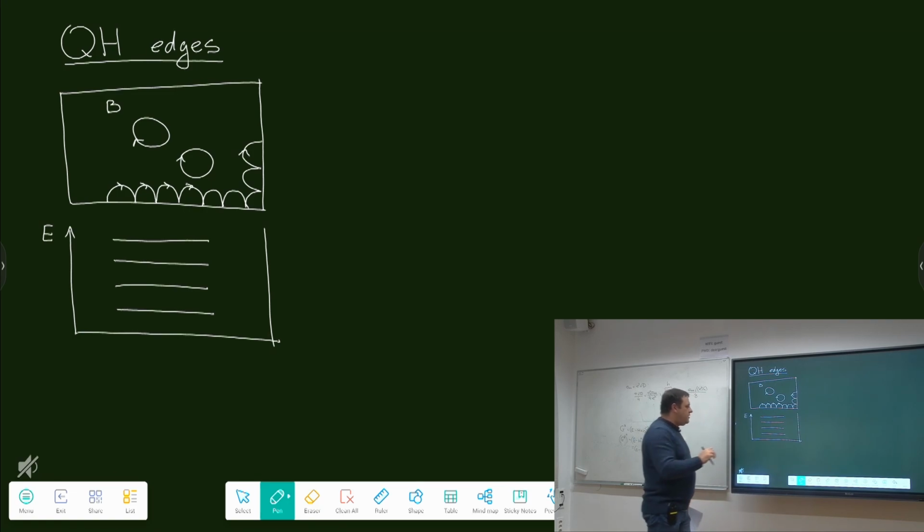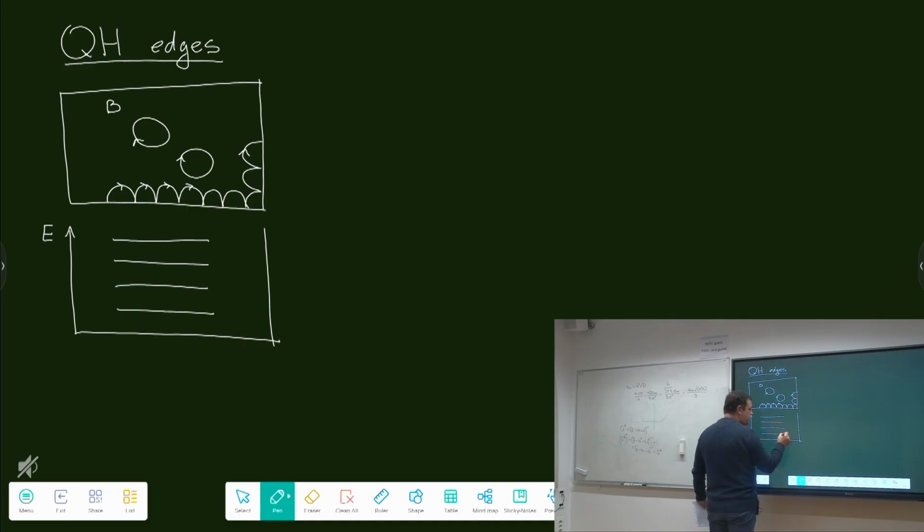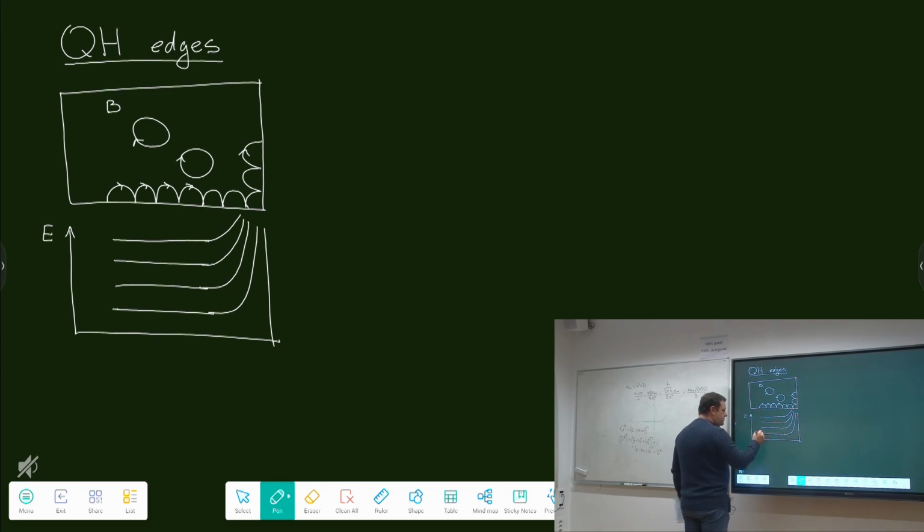And it's quite a simple quantum mechanical problem to find Landau levels, but in a geometry which has walls here and here, you will see that this energy is a constant inside, but starts changing when you approach this wall, and namely these levels will bend up near the edge. And the same thing they do on the other side.